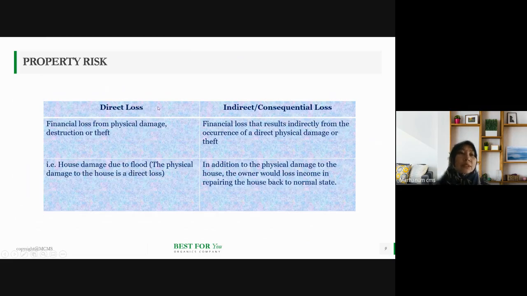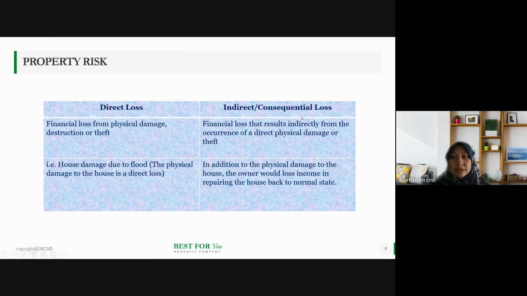Direct loss is when the risk happens directly to the property, like physical damage of a car, destruction or theft, fire for the buildings, or house damage due to the flood. So this is direct loss occurred to the buildings.